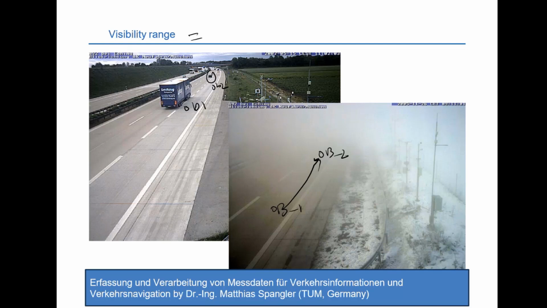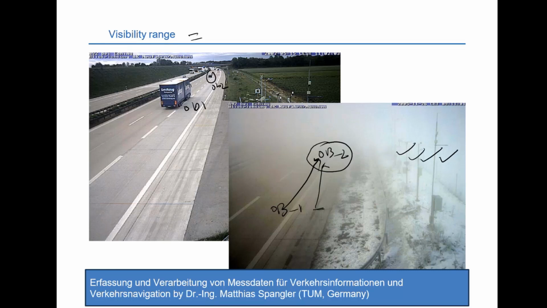We can define it as the maximum distance at which the observer or driver can manage to see any object. That object could be man-made, and it could be a moving one as well. So for example, a car.